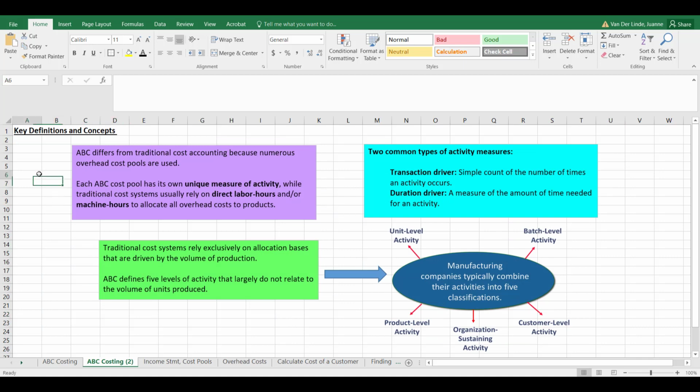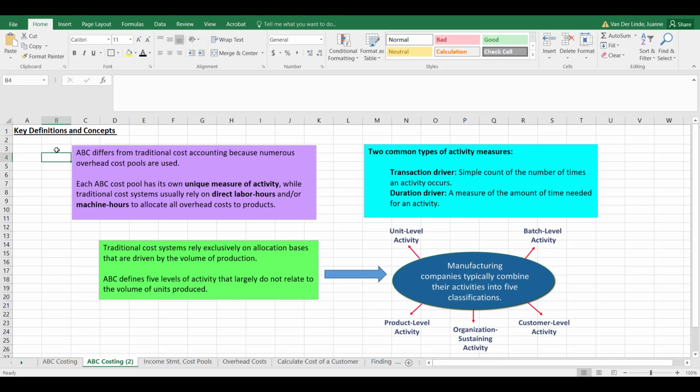Let's look at some key definitions and concepts. Another way in which ABC costing differs from traditional costing is that instead of using one plant-wide overhead rate, or departmental PORs like we've learned about before, ABC costing uses numerous overhead cost pools. So we have numerous overhead rates, so to speak, that we'll look at in a little more detail in a second.